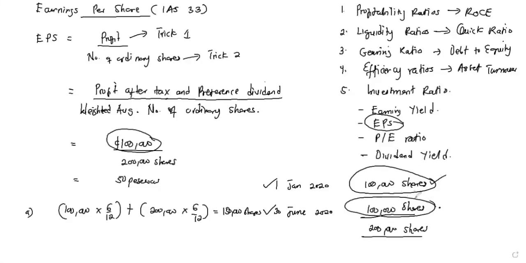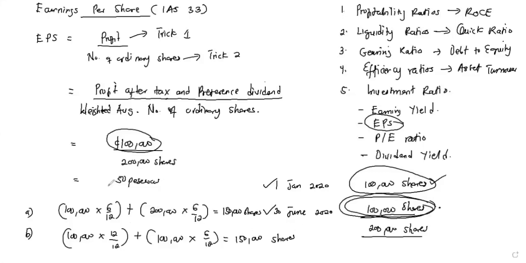Then the second 100,000 shares was there from June to December, so it was there for 6 months. So that person will use this approach. The first 100,000 was there for the entire year, right? Whilst the second 100,000 shares that came was there for only 6 months. Check what you are getting. Are you still getting 150,000 shares? Yes.